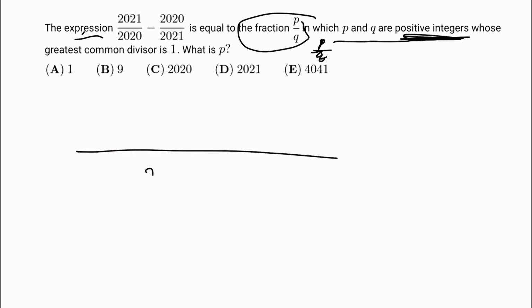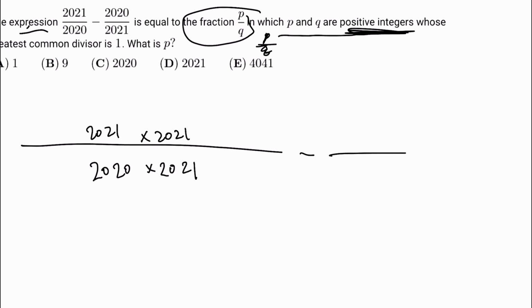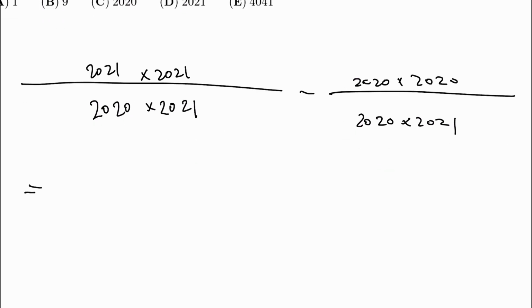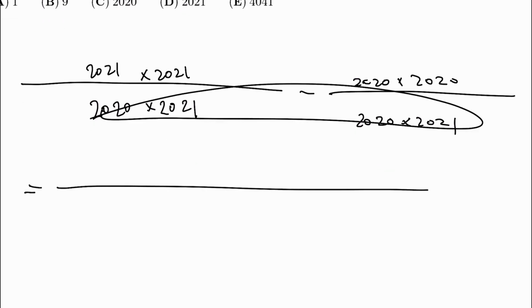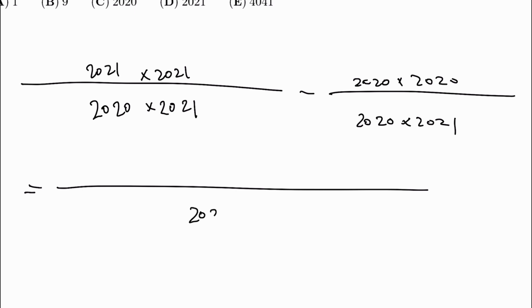The common denominator is 2020 times 2021. The numerator is 2021 times 2021 minus 2020 times 2020. If we combine that, because we have the same denominator, we can subtract. We get 2020 times 2021 in the denominator, and the numerator will be 2021 squared minus 2020 squared.